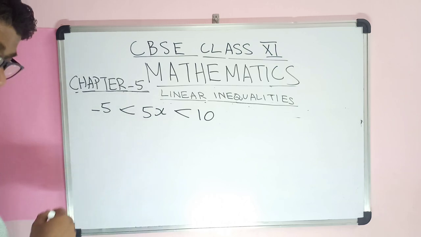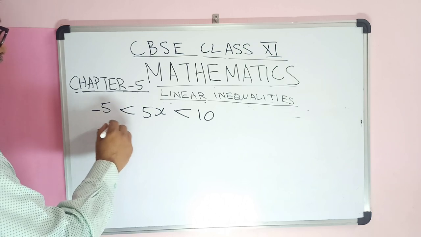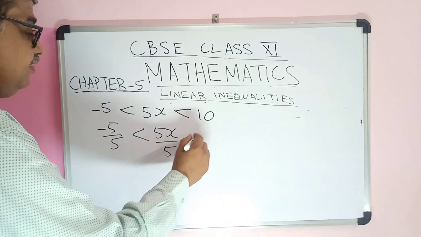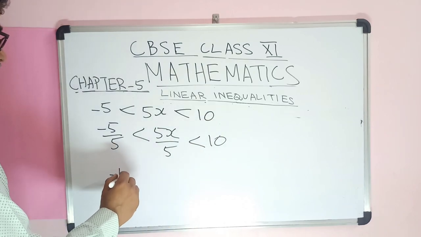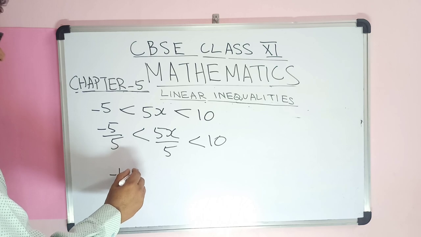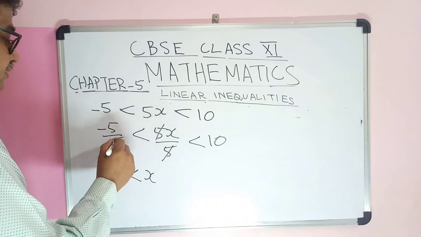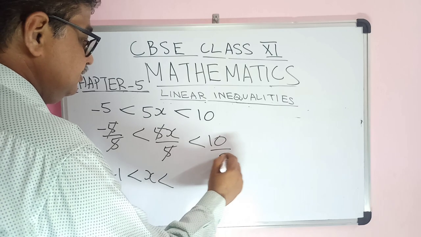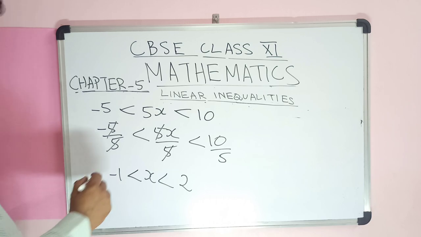Divide by 5. So minus 5 divided by 5 less than or equal to 5x by 5 less than 10 divided by 5. So minus 1 less than or equal to x less than 2. So this is the answer.